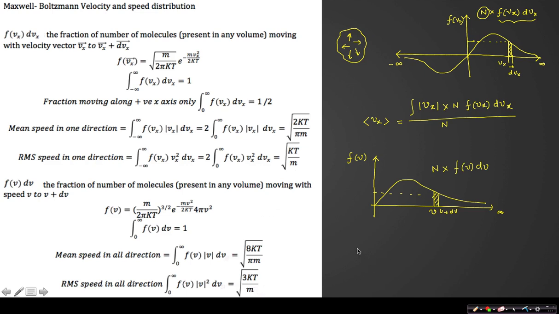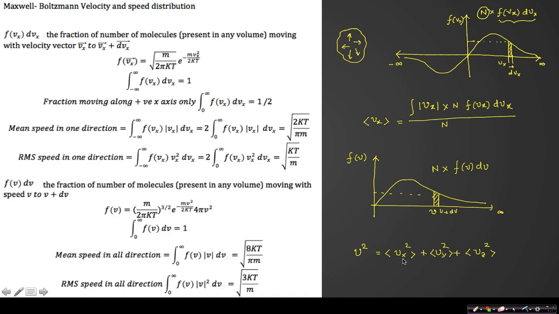The relation is very obvious: v square is equal to vx square plus vy square plus vz square. And we all know that these molecules are isotropic in nature. So the average values of x square, y square and z square are all the same, and that is kT by m.